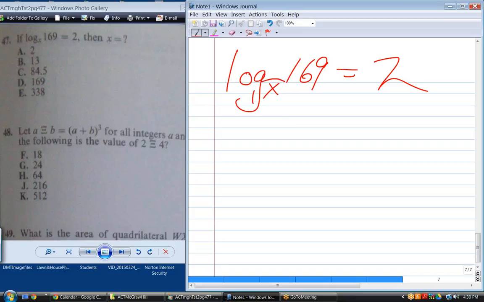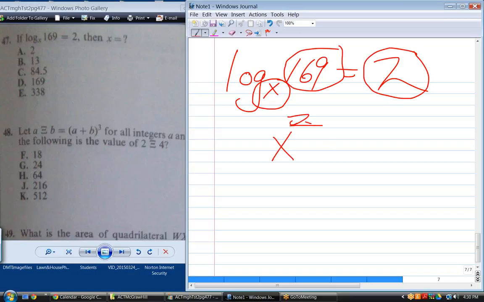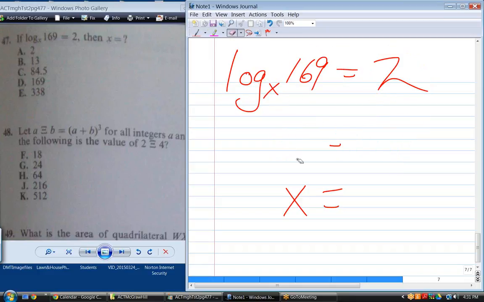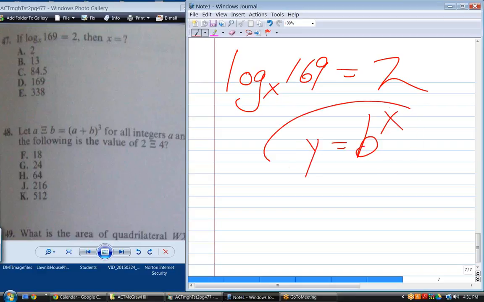It's the number on the far left raised to the power on the far right equals the argument. So x squared equals 169. What is x? 13. So the only thing you need to know for their log questions is how to convert logarithmic to exponential and back and forth. If I have y equal b to the x and I want to express that logarithmically, well, the one thing I know for sure is that logs are exponents.